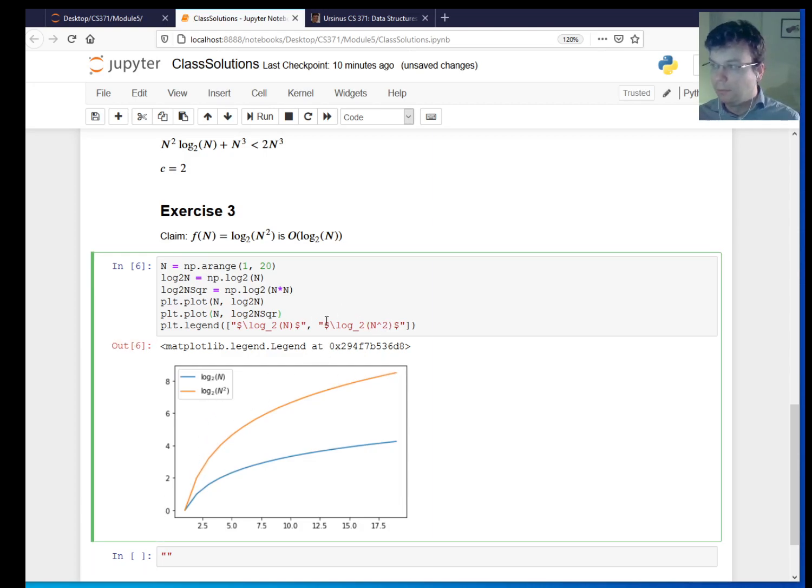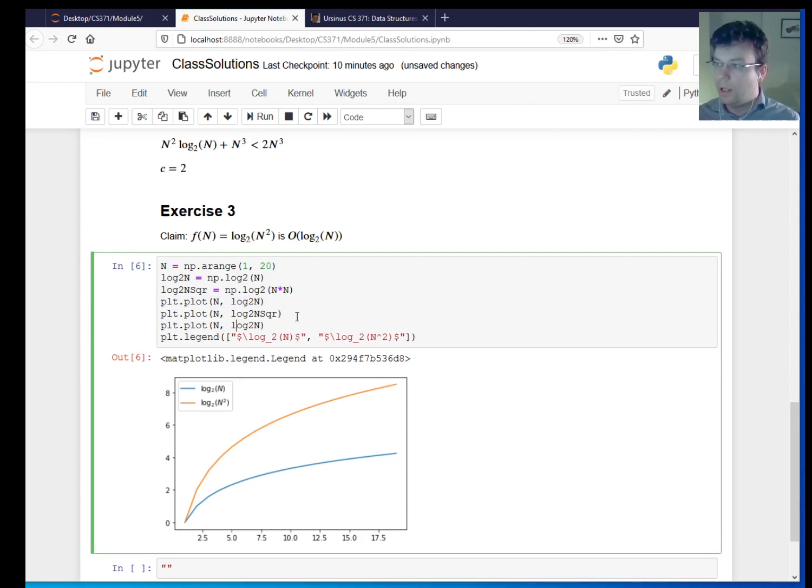So let me show you that. If I do a third plot here and I multiply log base 2 of n by 2, then I'm going to get the same thing. So this is interesting.